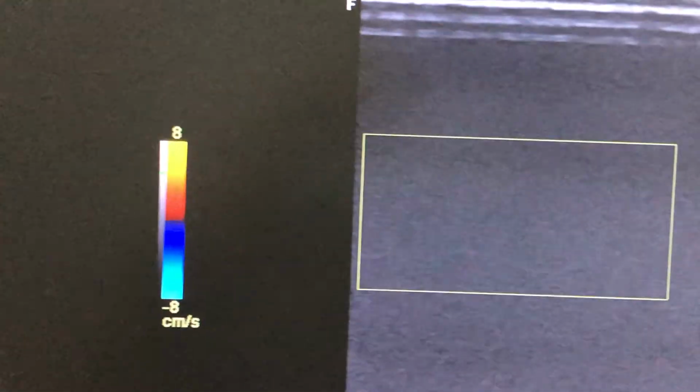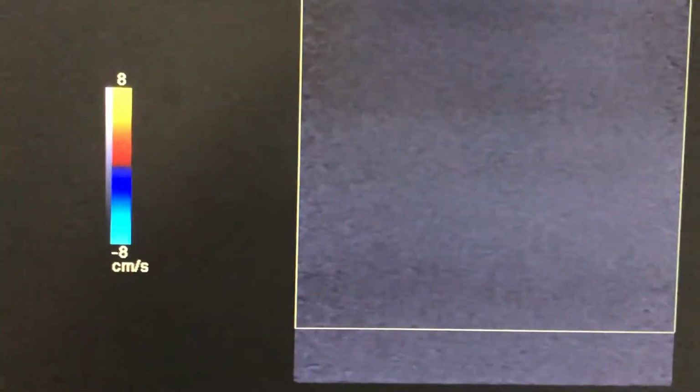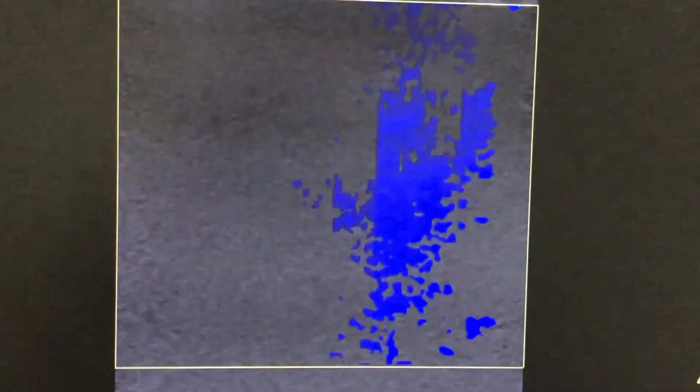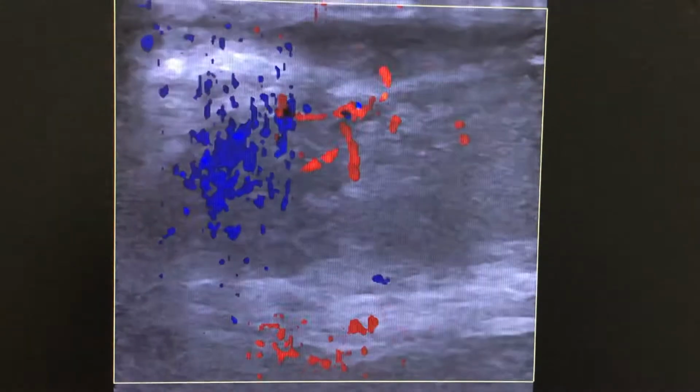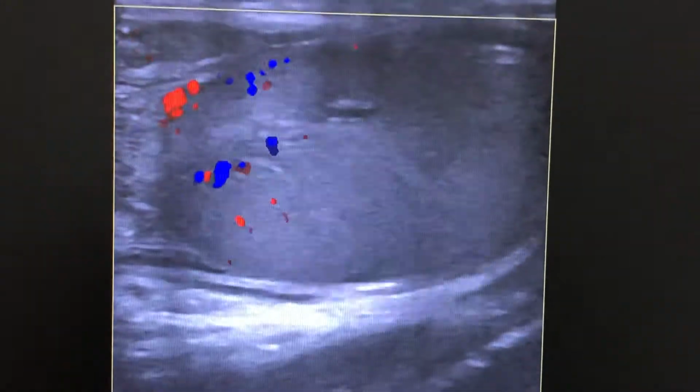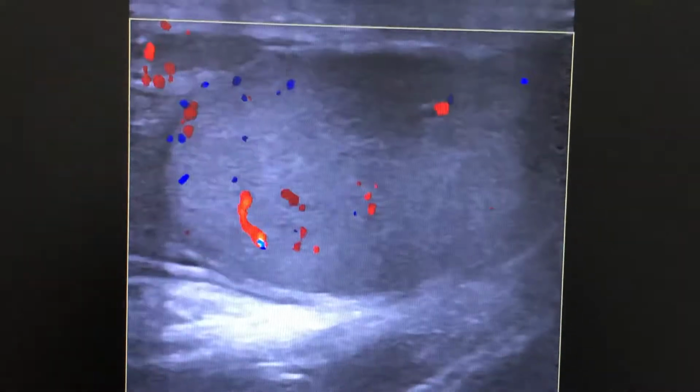Vascularity, there is moderate, left testis shows mild increase in the vascularity.